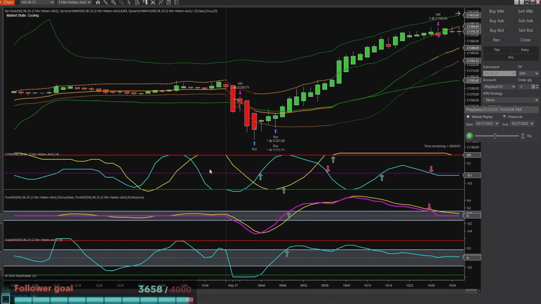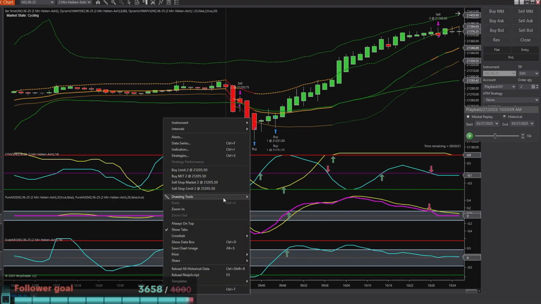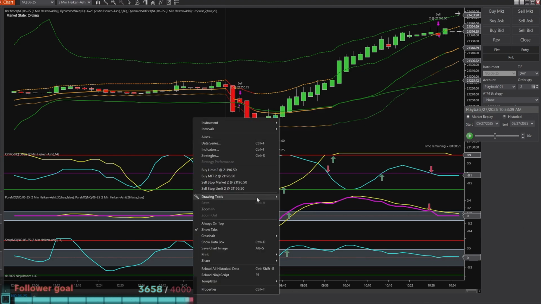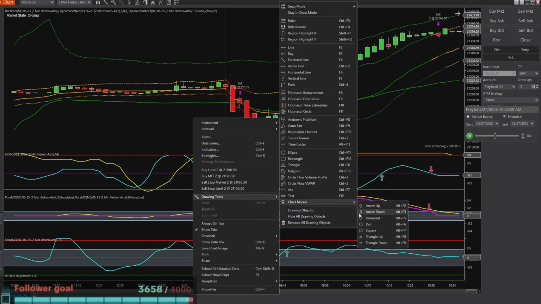For example, if you look at what happened right before the market closed yesterday, we had a move with momentum all the way up here at 0.90. It didn't exactly go above 0.90, but look what happened here with momentum in PureMO. It was completely flat. You see that? And if it's flat, this is telling you that this ain't going anywhere. And right here too, I just put this little line right there.